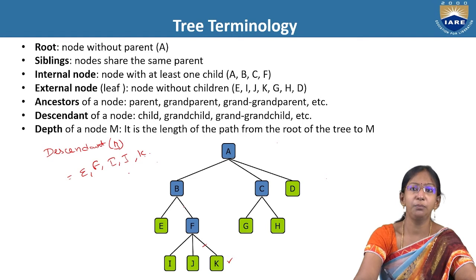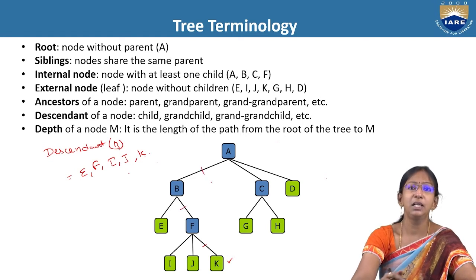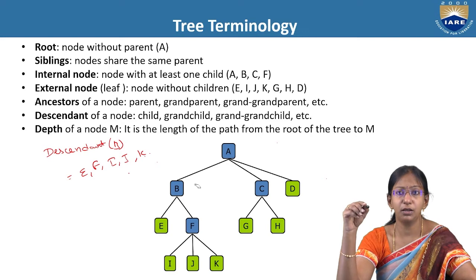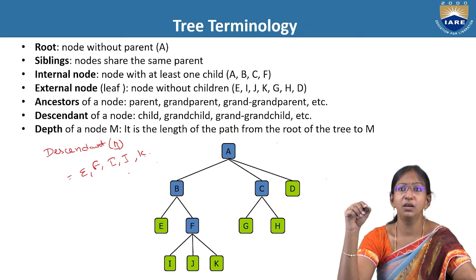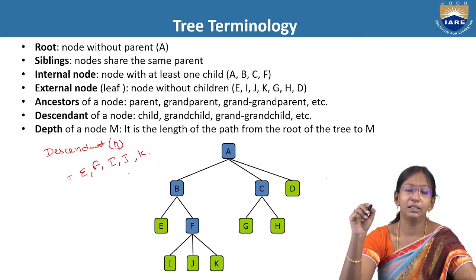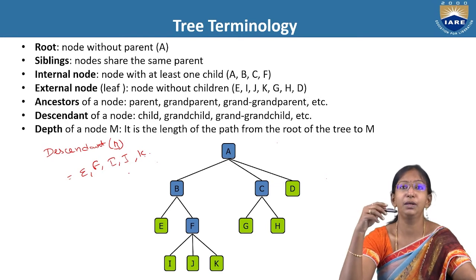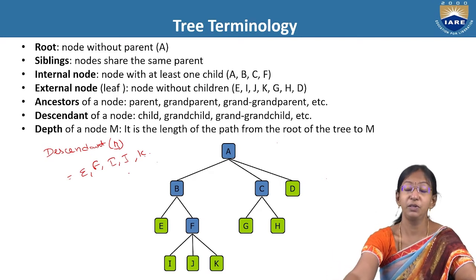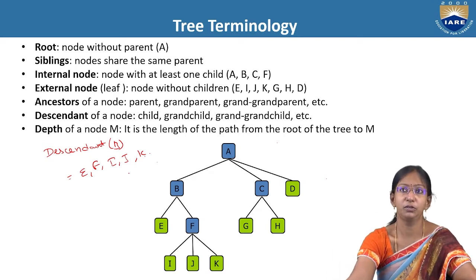Parent, grandparent, and great-grandparent. Three edges it is sharing. So depth of K is 3. Got it? So these are the basic terminologies which will be frequently used when we learn trees. Root, internal, and external nodes are the most prominently used ones. Okay guys, please remember that. Tree terminologies.